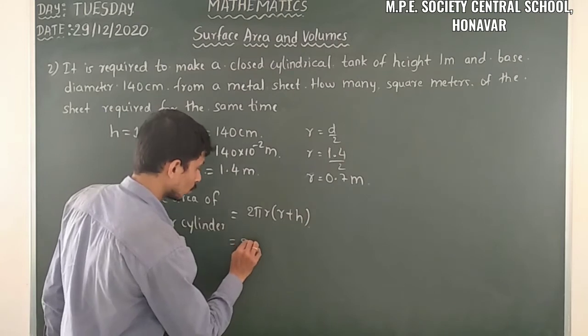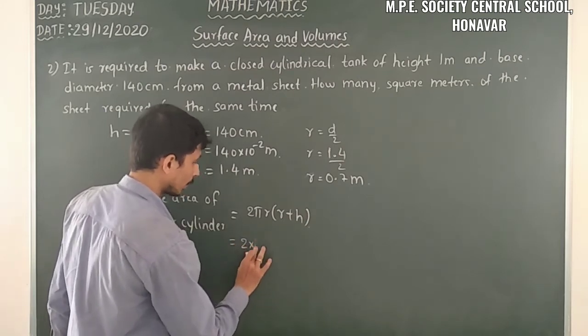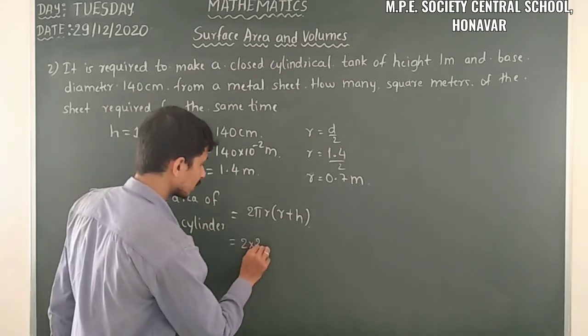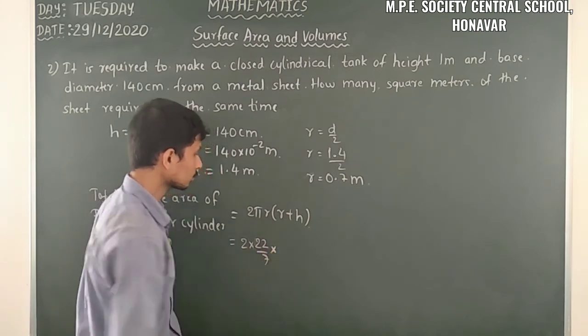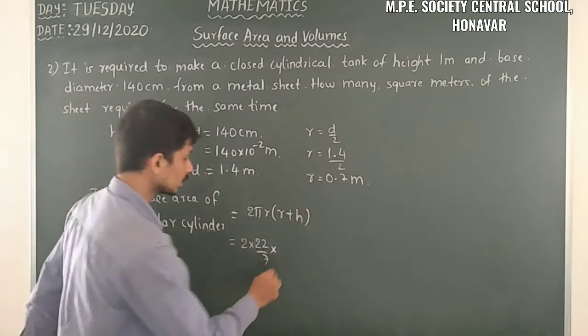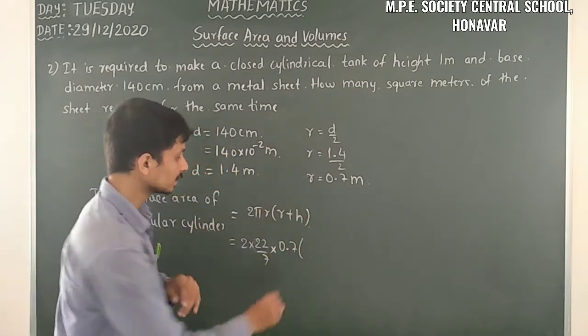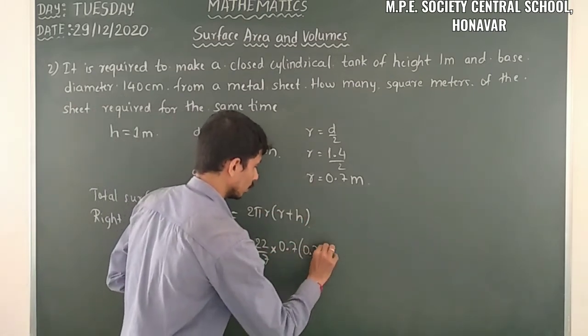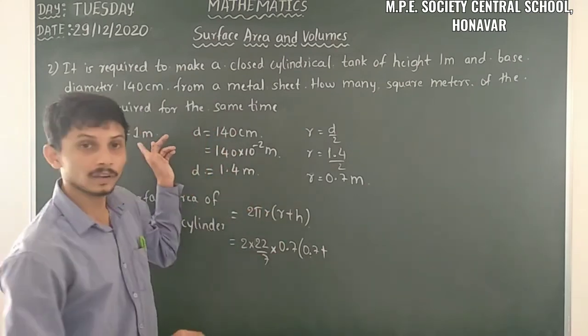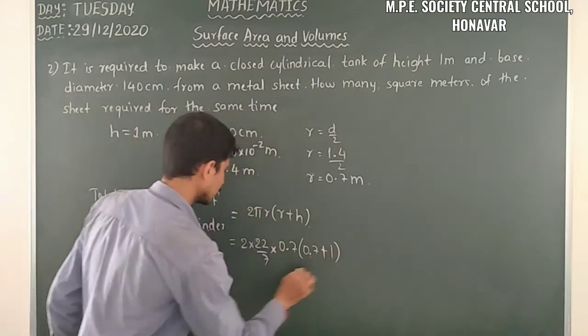So it is equal to 2 into pi, which you can write as 22 by 7, into the value of r, which is 0.7, into r plus h, that is 0.7 plus 1, is equal to.